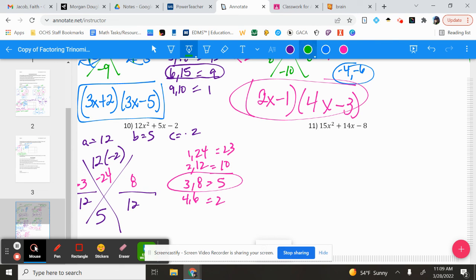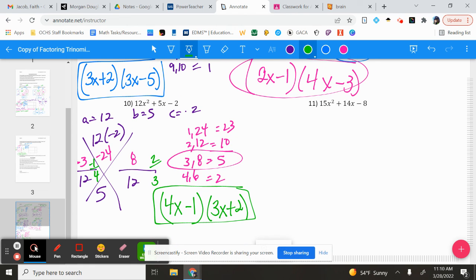Then I just need to reduce if possible. So a 3 will go into negative 3 and 12 to give me negative 1/4. A 4 will go into 8 and 12 to give me 2/3. 4 swings back to be the coefficient of the variable, to be 4x. Negative 1 swings forward to be the constant. 3 swings back to be the coefficient of the variable, while 2 swings forward to be the constant.